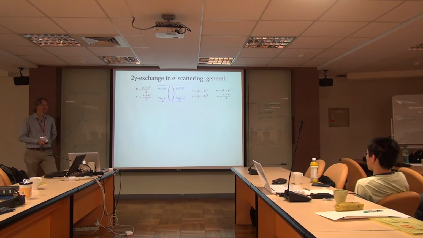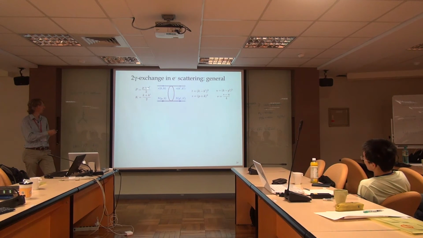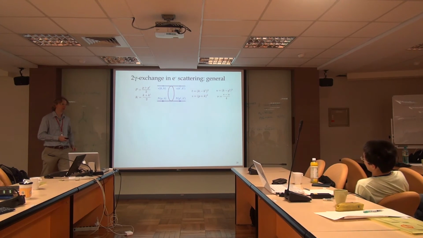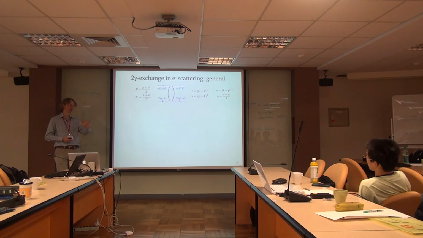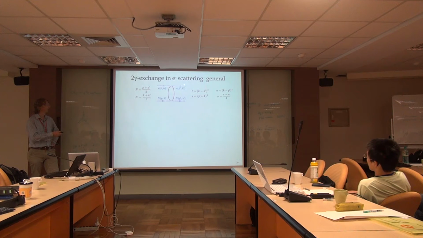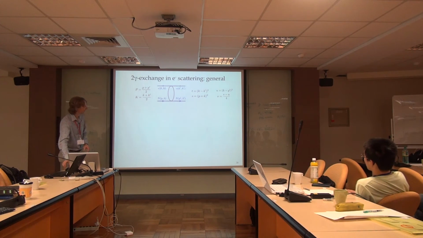Why is 8 not the final answer? Because one has a process where the initial state, electron-nucleon, is equal to the final state, electron-nucleon. For such processes, there is a time reversal. So if you look at the movie backwards, it will be the same, so the final state becomes the initial state.